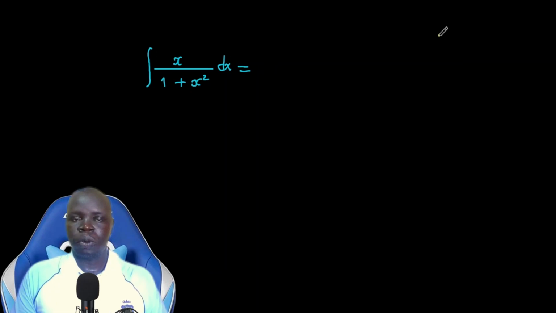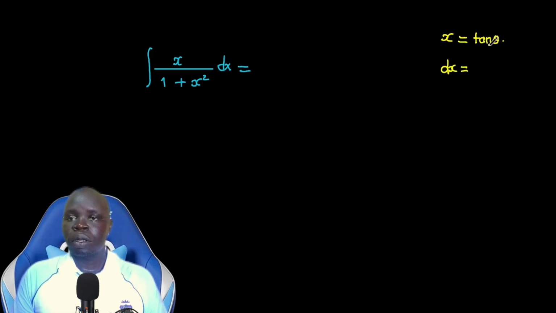As before, we can take our x to be the same as tan theta. So let's differentiate the left hand side with respect to x, and that is only dx equals. We differentiate the right hand side with respect to theta, and that is secant squared theta d theta.